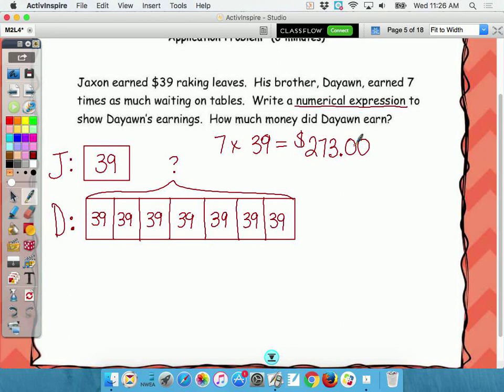Okay, now here's the deal. I think waiting on tables is a lot better job, actually. But that's my opinion, because I would really like to make the money. If your goal on your job is to have fun, which one would you probably choose? Raking the leaves, okay? So as a teacher, what do you think my goal is?